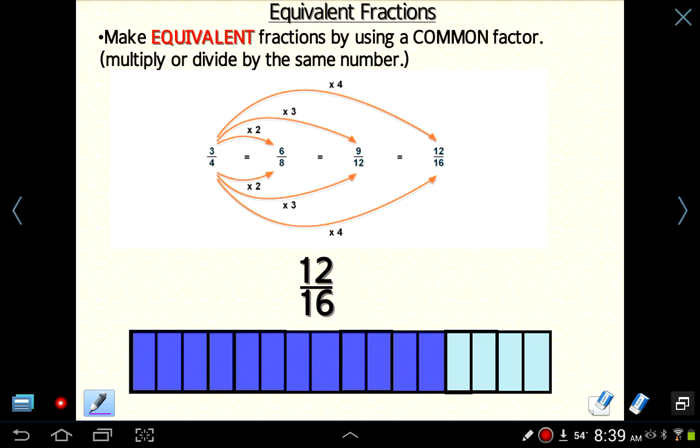So there's 1, 2, 3, 4, 5, 6, 7, 8, 9, 10, 11, 12 out of 16. So 12/16. Now that's equivalent fractions. Just to say it again, equivalent fractions are made by multiplying or dividing by the same common factor.